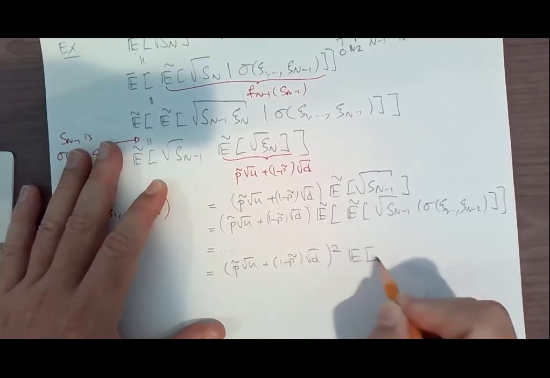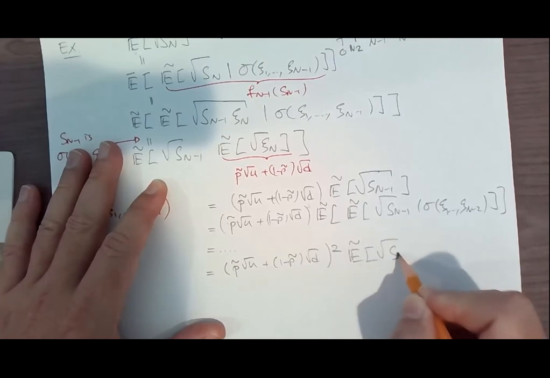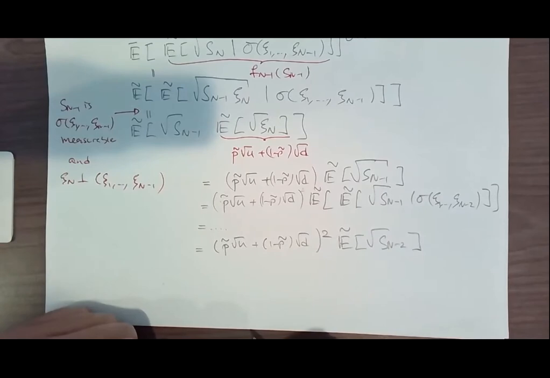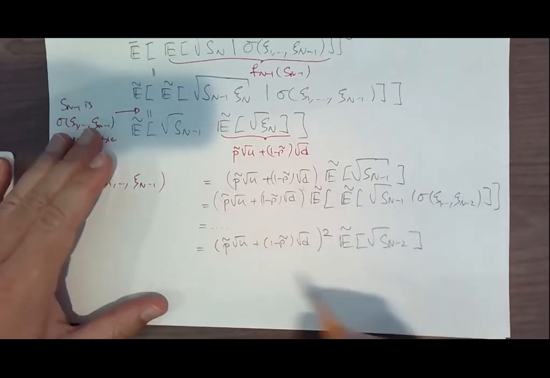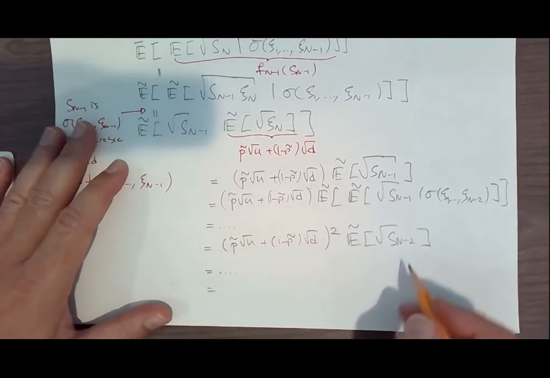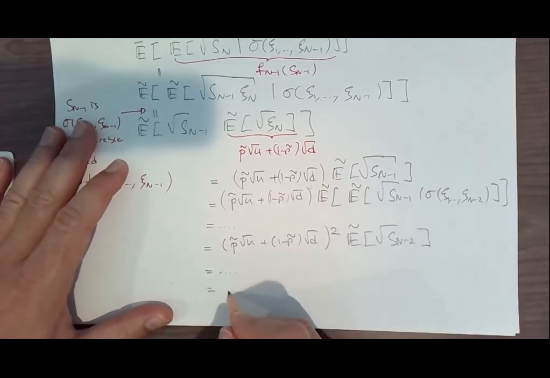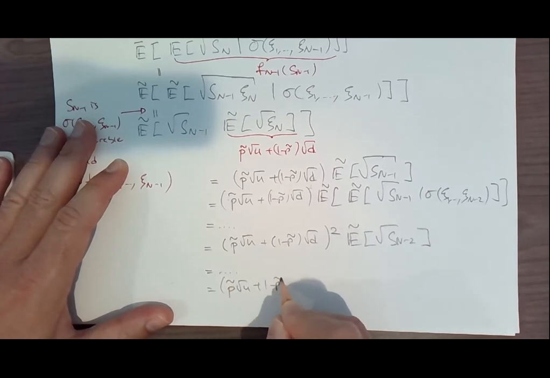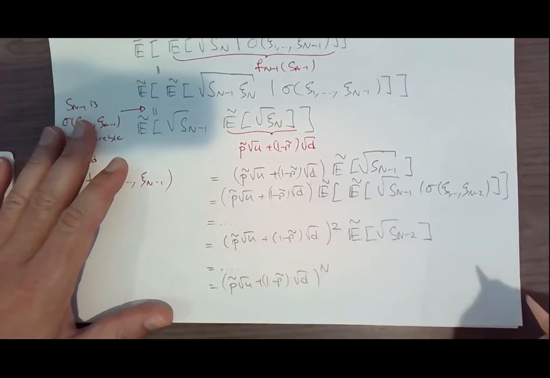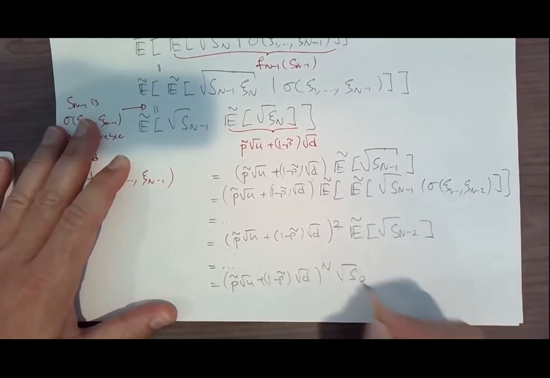And then E tilde square root of Sn minus 2. And then I can keep doing this. Ultimately, I'm going to be left here with p tilde square root of u plus 1 minus p tilde square root of d, but then to the power probably an n here, and then a square root of S0.